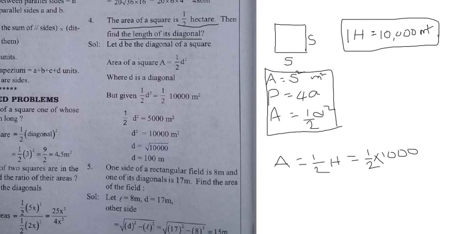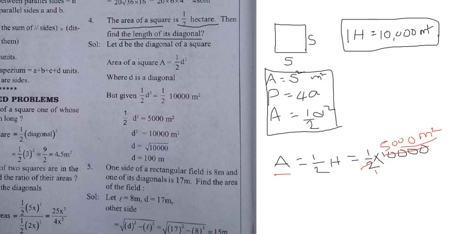Now can I cancel here, 2 ones, 2 fives, and 3 zeros? So my area is 5,000 meter squares.